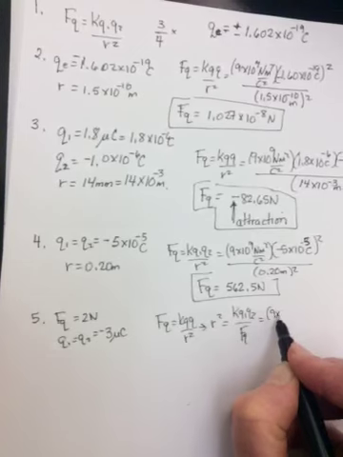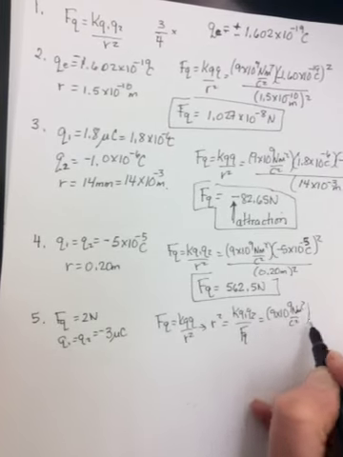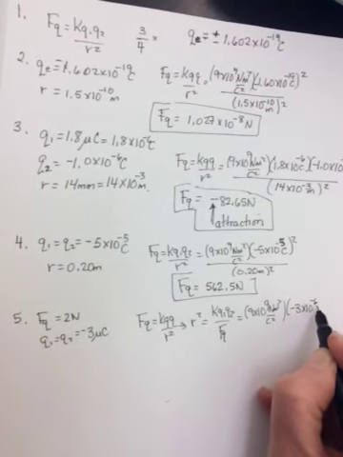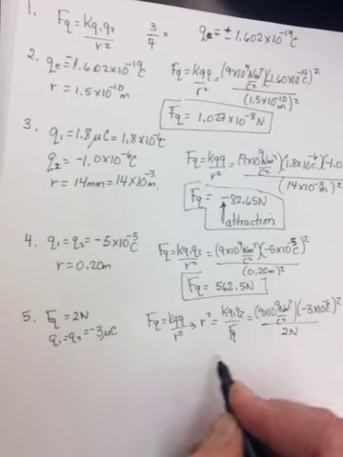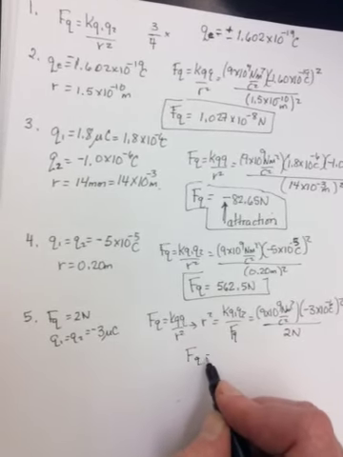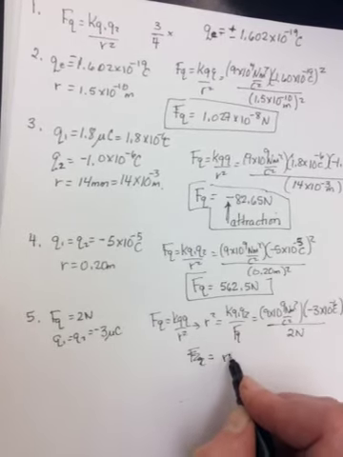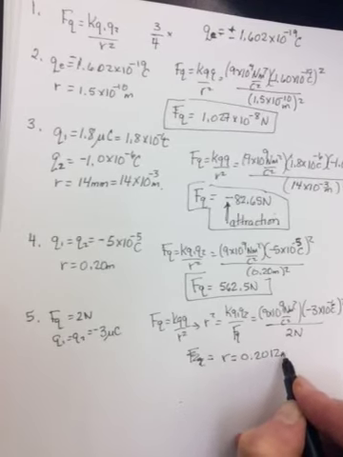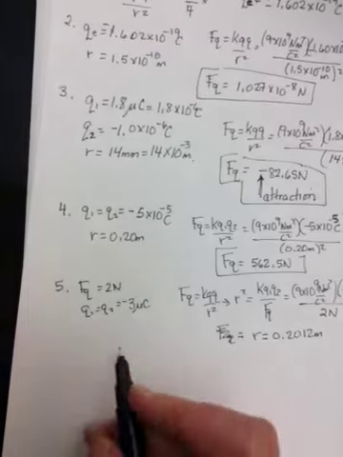So 9 times 10 to the ninth Newton meter squared per Coulomb squared times negative 3 times 10 to the negative 6 coulombs, and they're both the same, so squared, over 2 newtons. R is equal to, don't forget to take the square root, 0.2012 meters. If you get 0.0405, you forgot to take the square root.